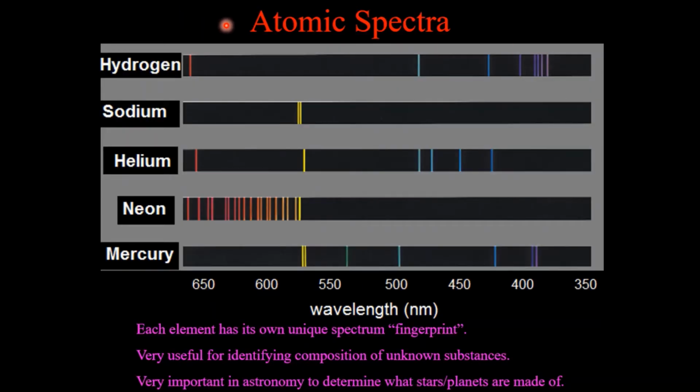So let's now go back to a summary of the different atomic spectra that we saw in the video, and there might be a couple extra shown here. This is just a small piece of an atomic spectra chart that might show dozens of different spectra. Let's take a look at some of these spectra.